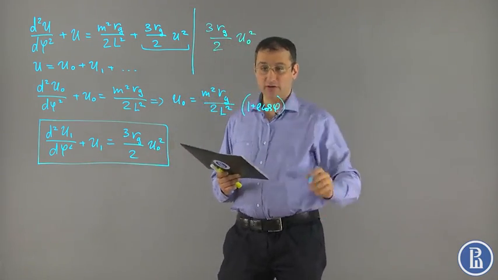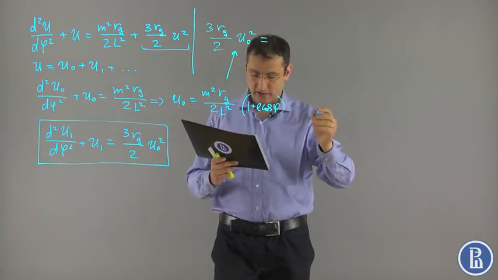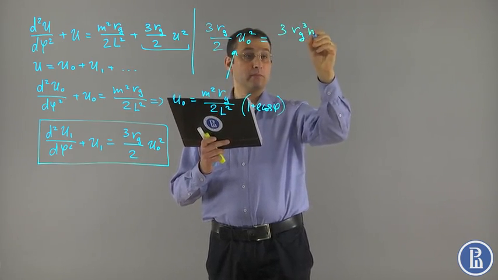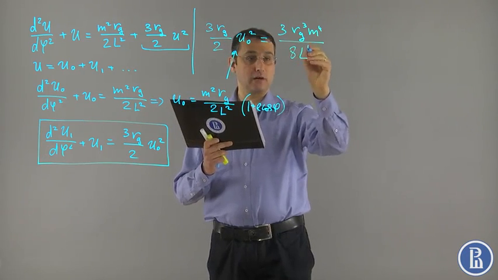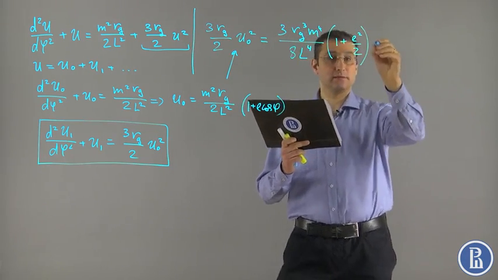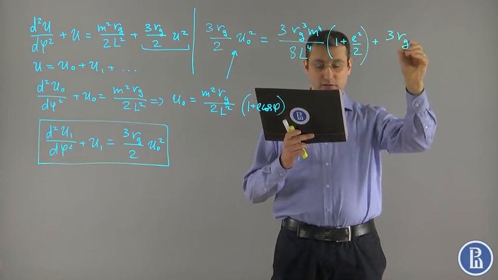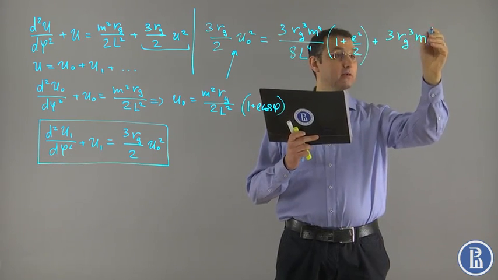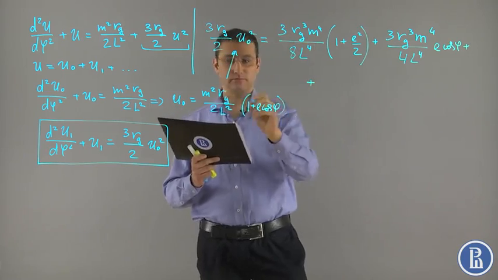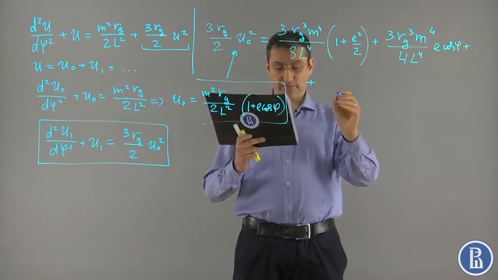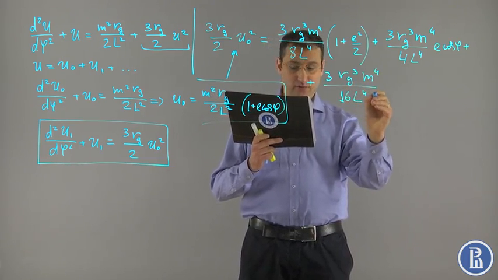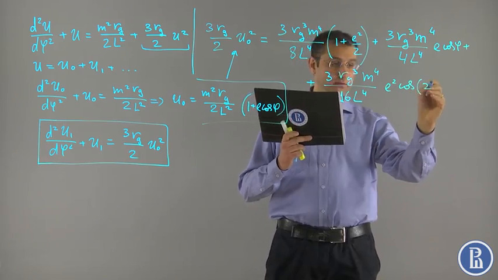If we substitute u0 here and reshuffle it a little bit, it is equal to 3rg cube m to the fourth divided by 8 l to the fourth times 1 plus e squared over 2, plus 3rg cube m to the fourth over 4l to the fourth e cosine phi, plus 3rg cube m to the fourth divided by 16 l to the fourth e squared cosine 2 phi.